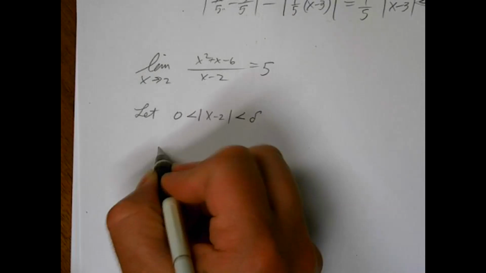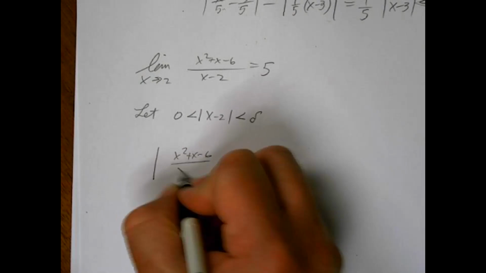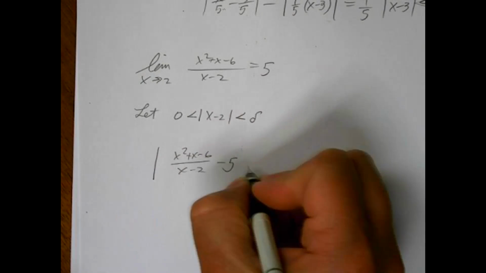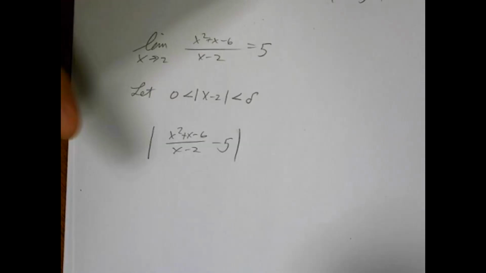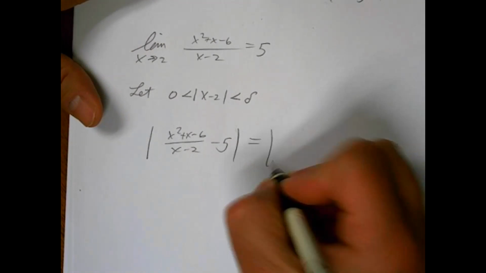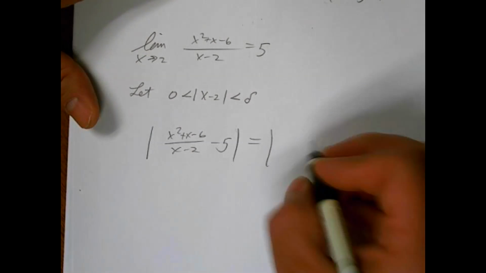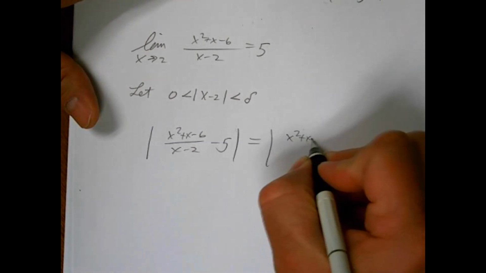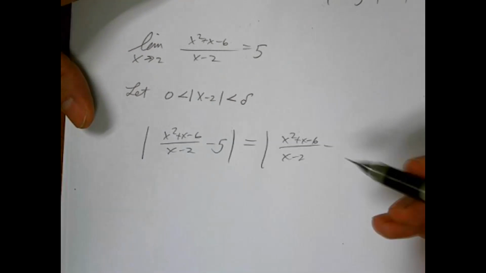All right? Let's see what that does to the distance between the function and the limit. Well, the distance between the function and the limit is written that way. So the first thing I'm going to do, again, algebra and arithmetic has to happen, is get a common denominator. The common denominator is going to be x minus 2.